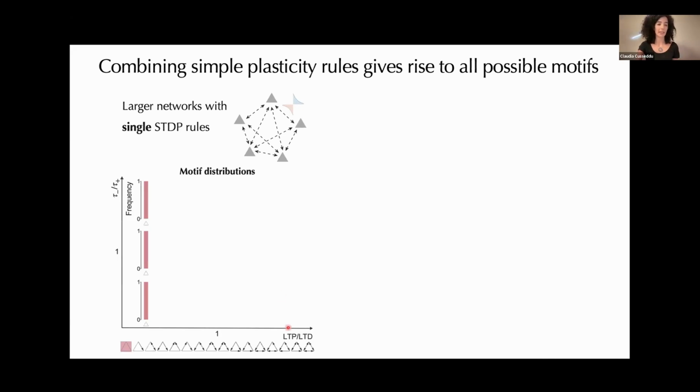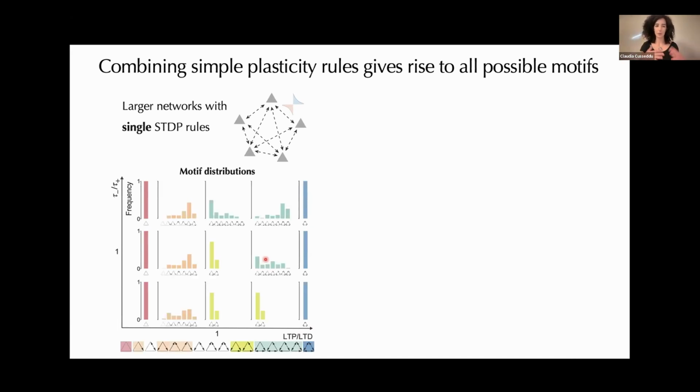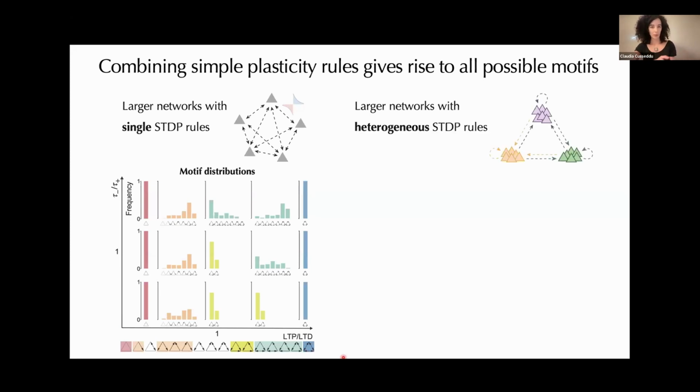Taking STDP rules from this parameter space, when LTD was much stronger than LTP, we could get only the unconnected network, as well as the fully connected network when LTP was much stronger, and in between, the same motifs that we would predict for just 3 neurons. So even in larger networks, for example under Hebbian rules, we cannot get the whole set of motifs. So we moved to heterogeneity of STDP rules, namely combining families of rules.